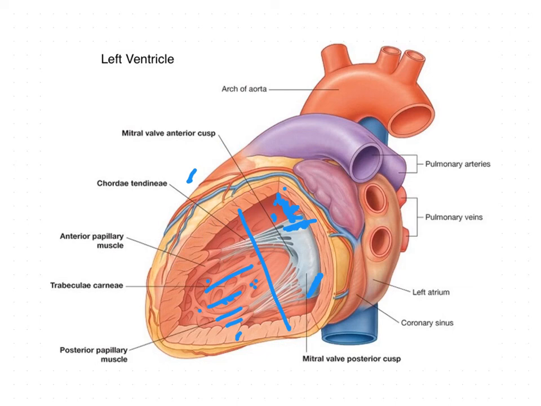The anterior cusp is very near to this aortic vestibule. So this is about the vestibule, which gives origin to the ascending aorta and is located between the interventricular septum and the anterior cusp of the mitral valve.